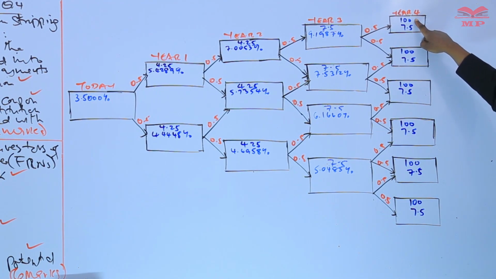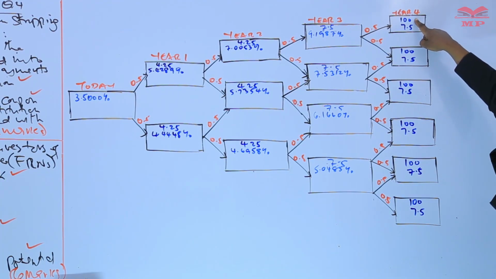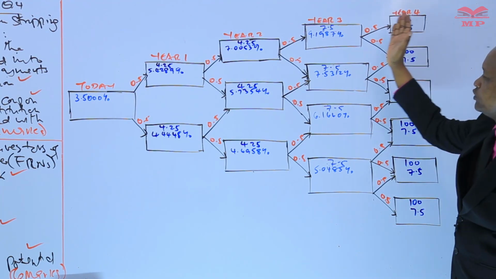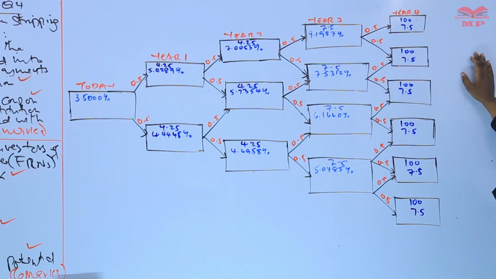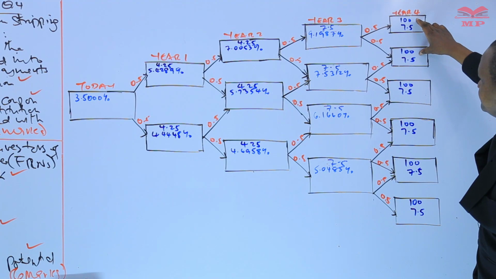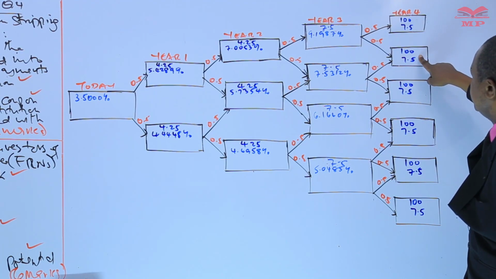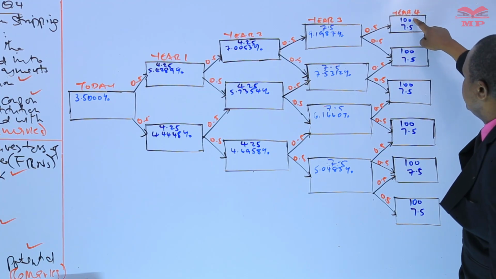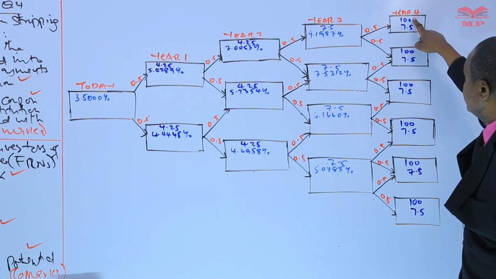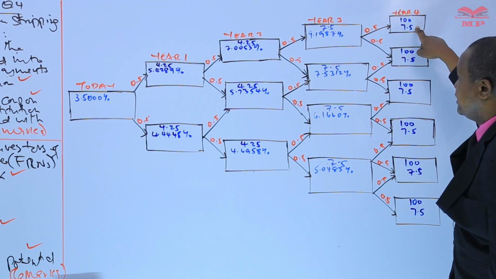You understand? So we are going to perform a backward pass. We'll be computing the value of the bond moving from the right to the left. We start with this node and this other node. 100 is the principal. 7.5 shillings is the interest.